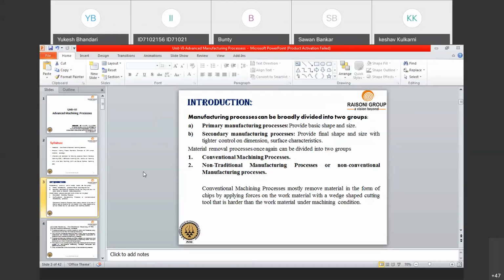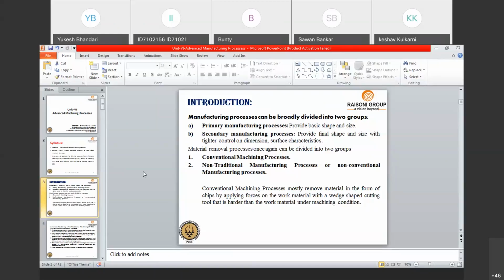In conventional machining process, material removal mostly takes place in the form of chips, by applying forces on the workpiece with a wedge-shaped or sharp cutting tool. Your cutting tool should always be harder than the work material.